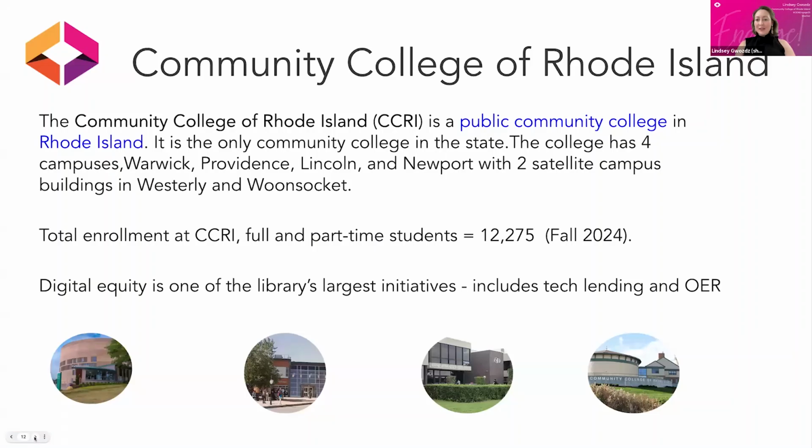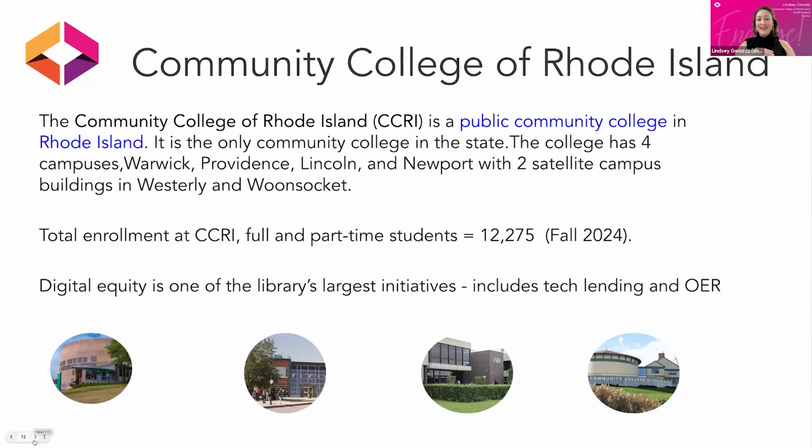So just a really quick snapshot of the Community College of Rhode Island. As you probably know, Rhode Island is very small, so this is the only community college in our state. We have 4 campuses, and last fall, our total enrollment capped off a little over 12,000. That's including both full and part-time students. Our OER efforts, like many others, live within the library.